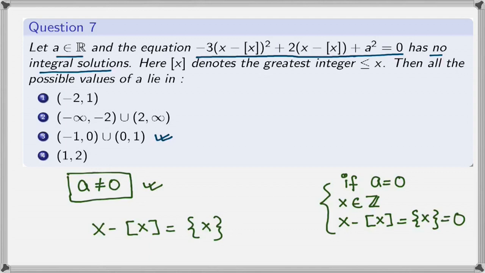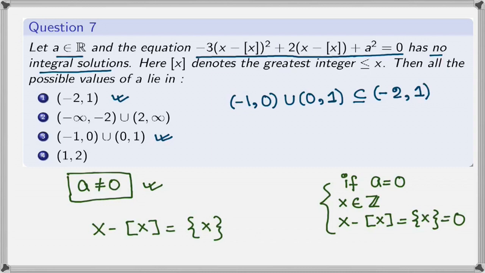Also note that here the open interval minus 1 to 0 union the open interval 0 to 1 is a subset of the open interval minus 2 to 1. And as we are to find out all the possible sets where the values of a lie in, therefore we see that option 1 is also correct.